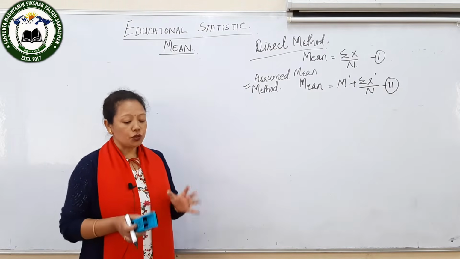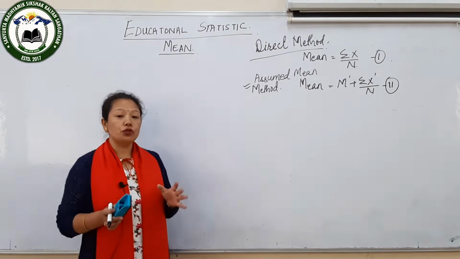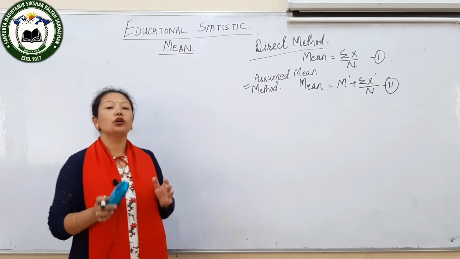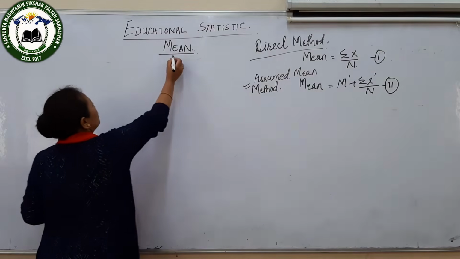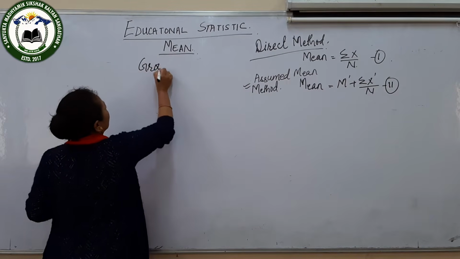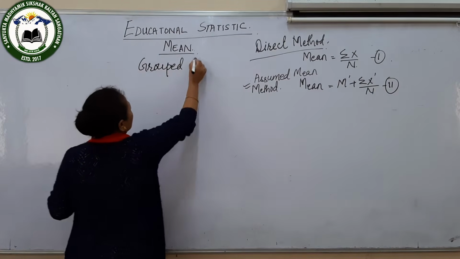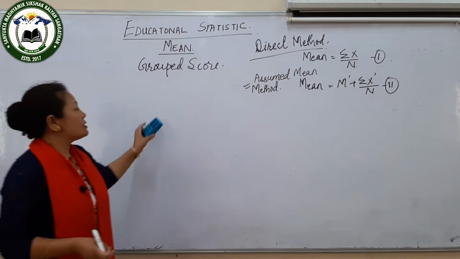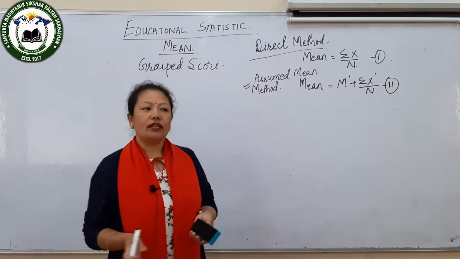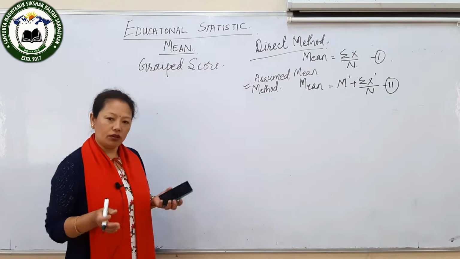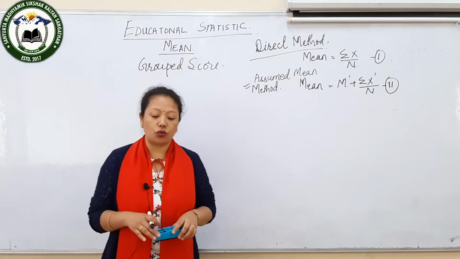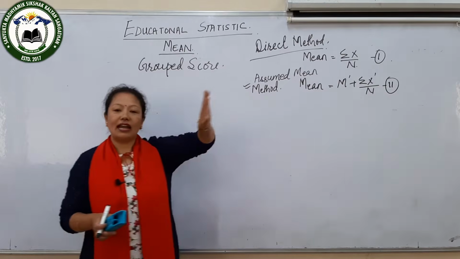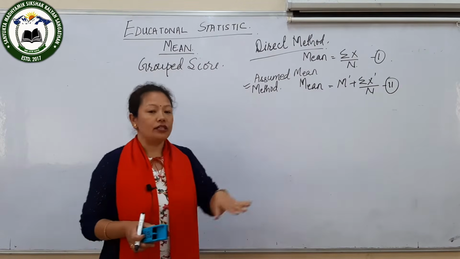Today we will try to find out the mean of group scores. It is because sometimes we are presented with more than 50 numbers, or raw scores, so following this method in an isolated manner is not possible.